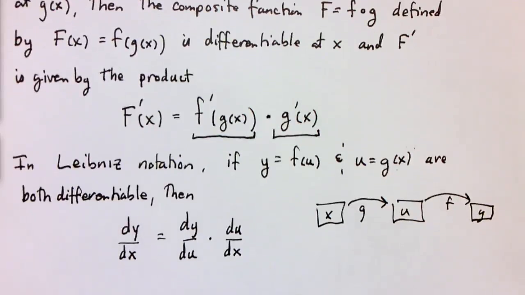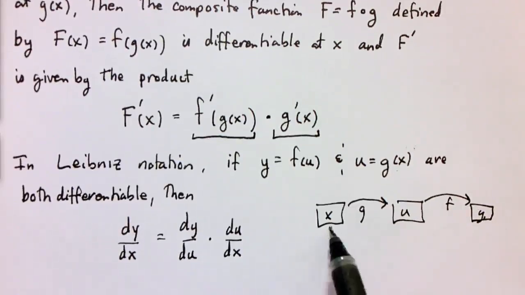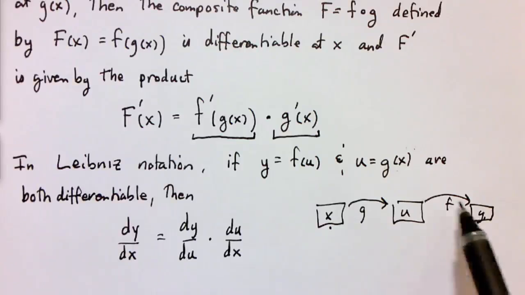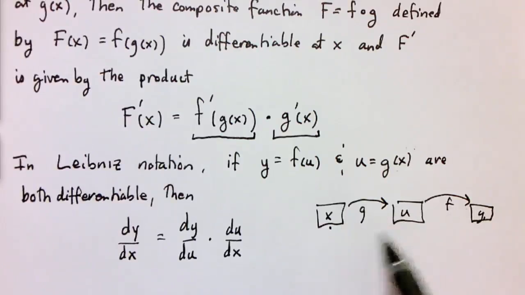Then the derivative of y with respect to x is the product of the derivatives. It's dy du, so I need to find this f prime of u, times du dx. So each link in the chain is going to have its own derivative, and I have to take the product of those links in order to get the derivative of the entire function.